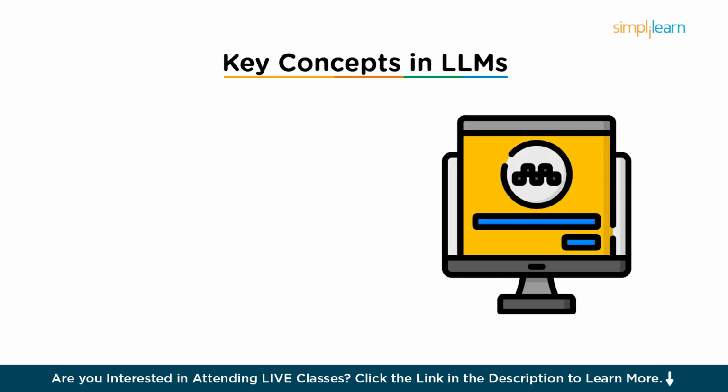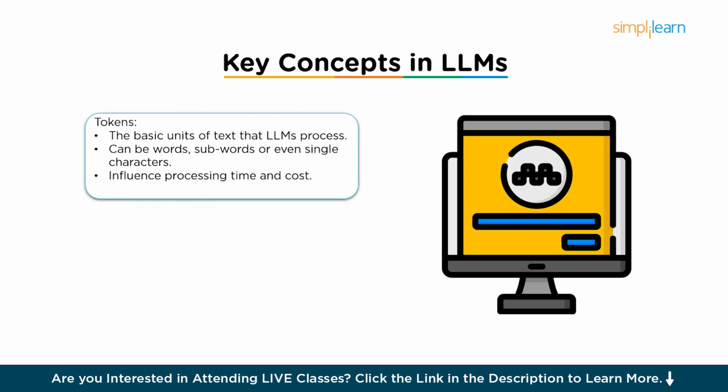To truly understand how LLMs operate, there are two fundamental concepts we need to grasp: tokens and transformers. First, let's talk about tokens. Think of tokens as the basic unit of text that LLMs process. When you input text into an LLM, it does not process it letter by letter or even always word by word.